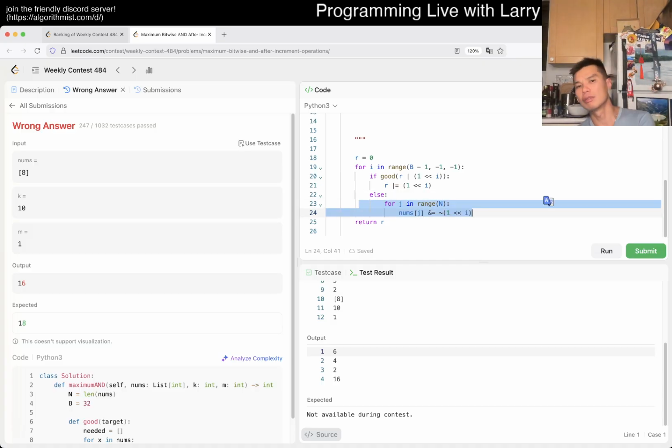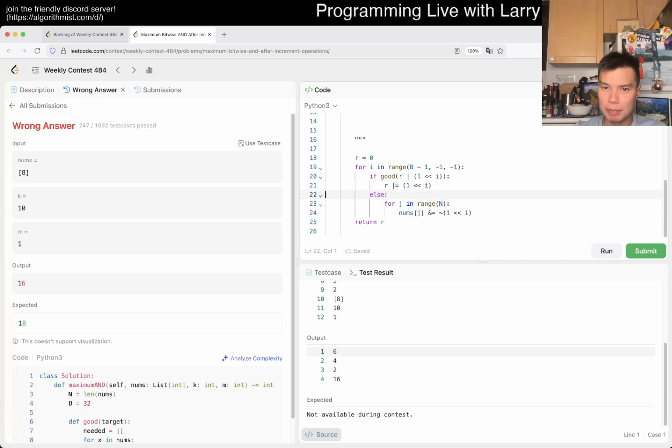How do I...? This part was always the sketchy part to me. Maybe I can just do this, but maybe I could just do something like this. I don't know.